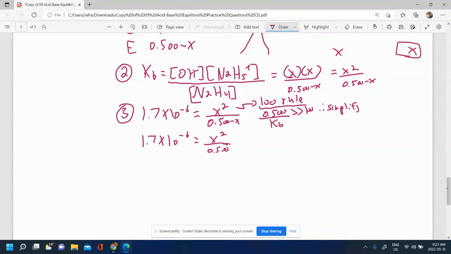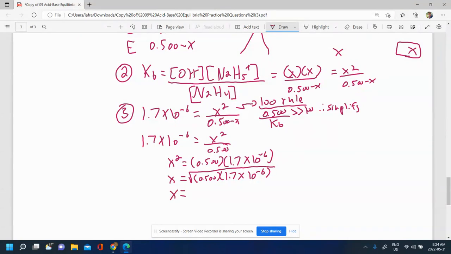So that means that x squared is equal to 0.500 times 1.7 times 10 to the power of negative 6, which means that x is equal to the square root of that, which is 0.500 times 1.7 times 10 to the power of negative 6.